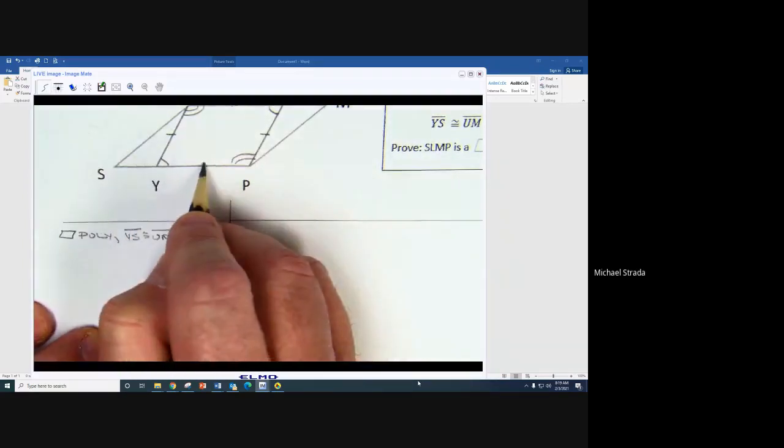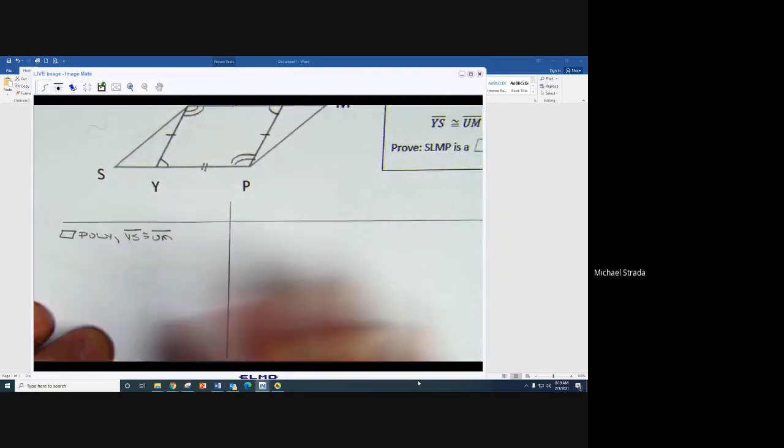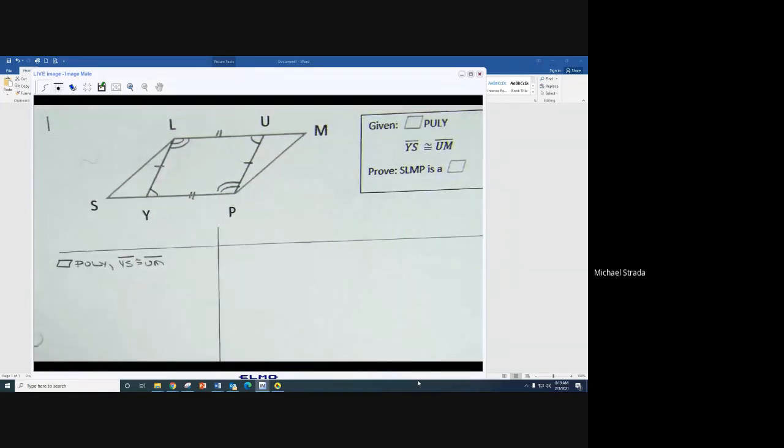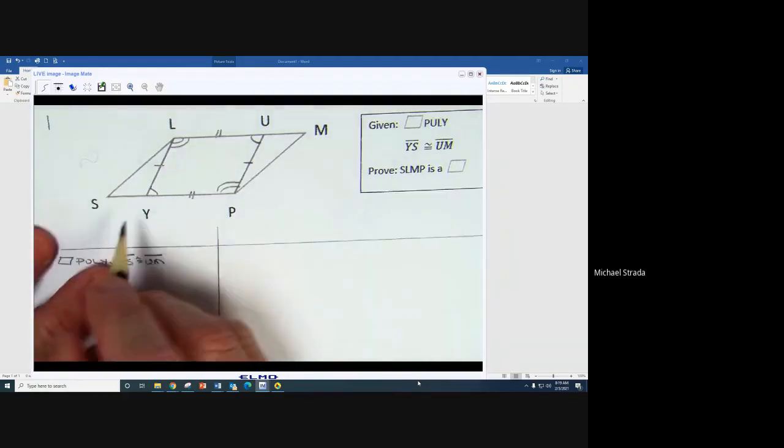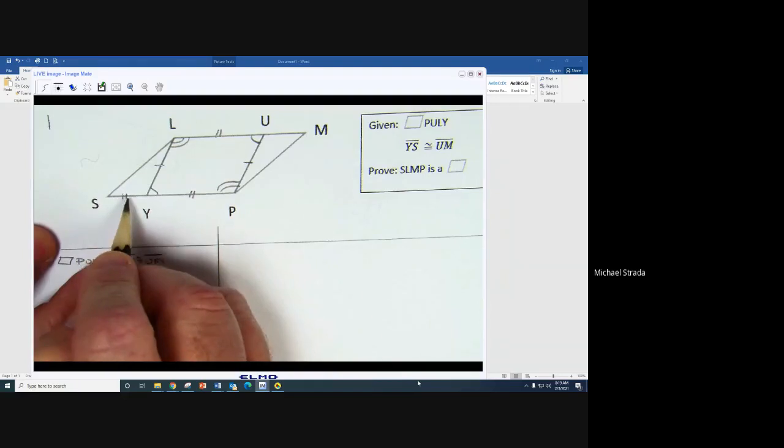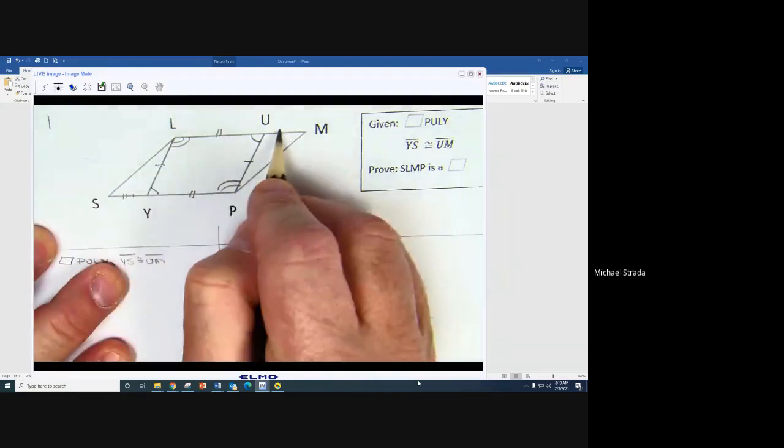That side is congruent to that side by properties. All right. Everybody good? Okay. Now, basically, let's go from there. They also tell us YS is congruent to UN.